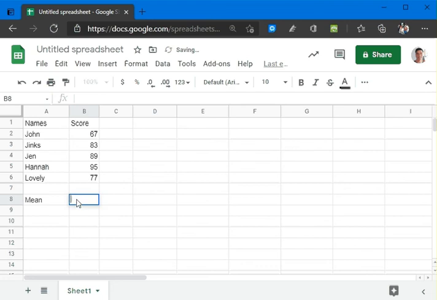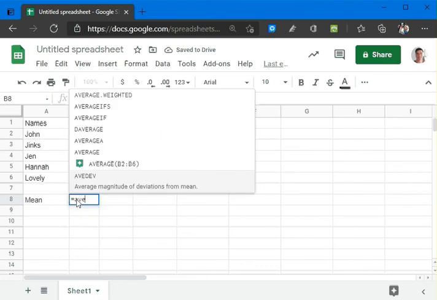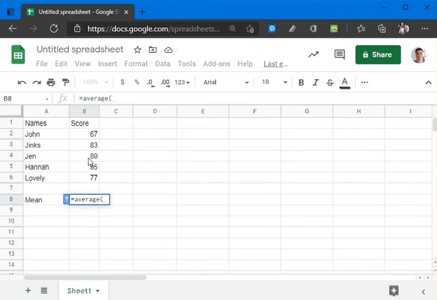So the formula is AVERAGE, and then highlight the list of scores, starting from 67 up to 77, then close parenthesis. So the mean is 82.2.